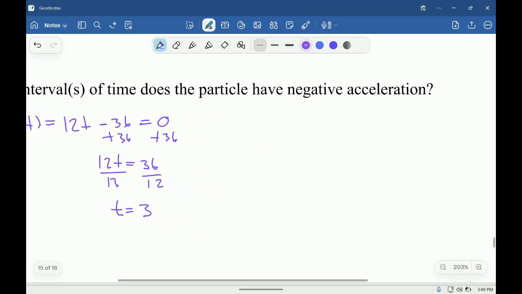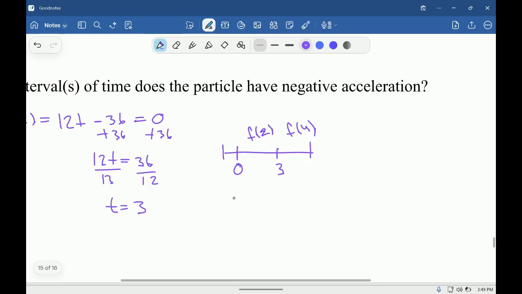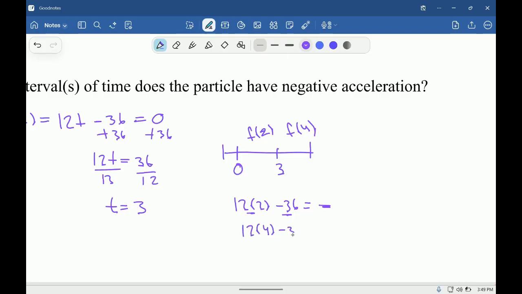And we're going to do a little number line to figure this out. We're going to have our 0 here and our 3 here, and we're going to find intervals. So we're going to want to do f of 2 and then f of 4. 12 times 2 minus 36 is going to be negative because this number is smaller than this number. And then 12 times 4 minus 36 is going to be positive.